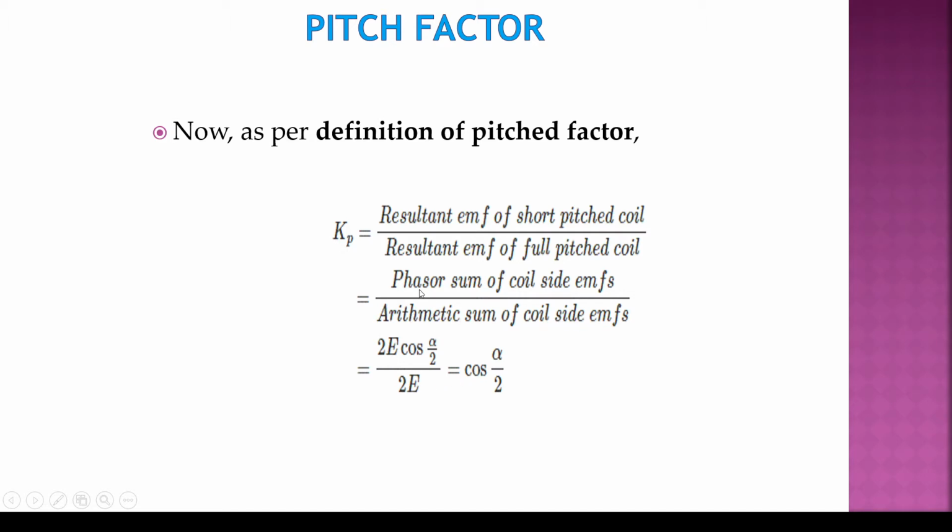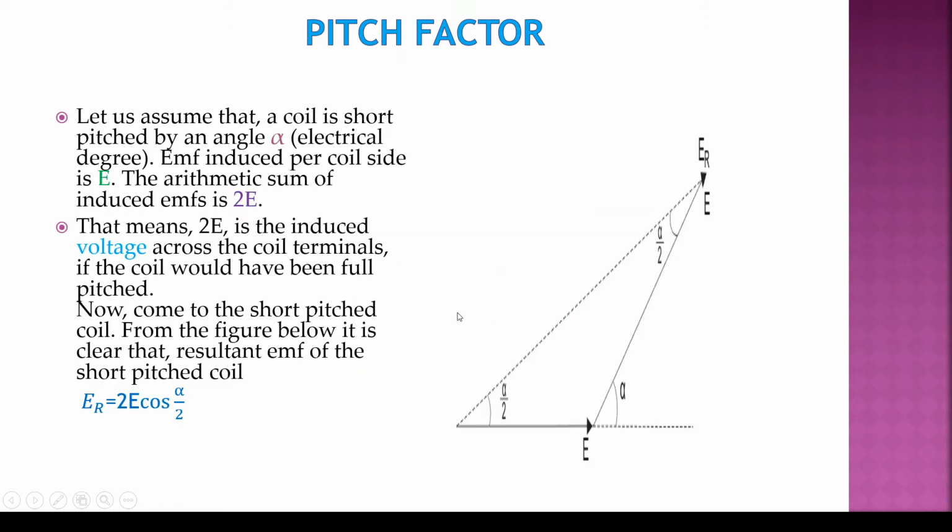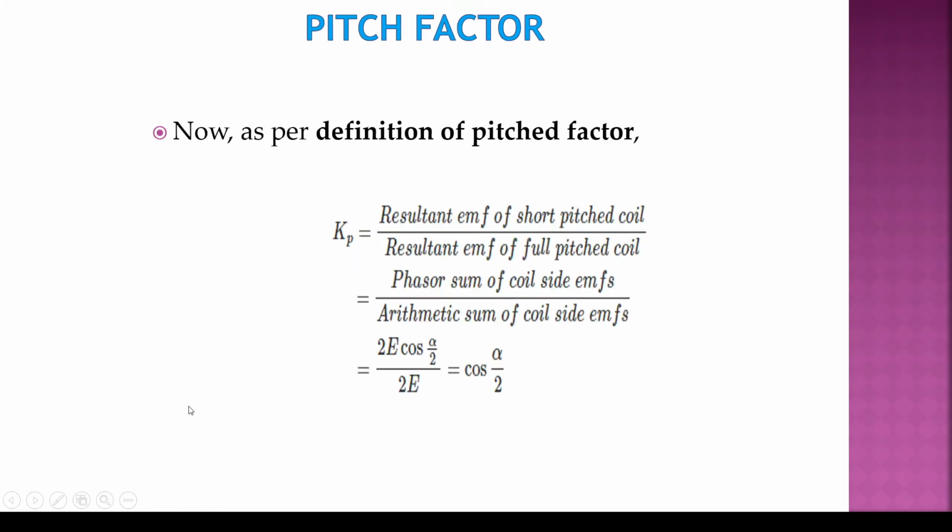That is, this value we have just now found out as 2E cos alpha by 2. So 2E cos alpha by 2 divided by the arithmetic sum of coil side EMFs, which is 2E. 2E gets cancelled. Kp will be equal to cos alpha by 2. Okay, this is pitch factor.